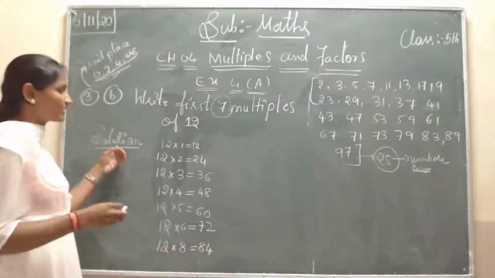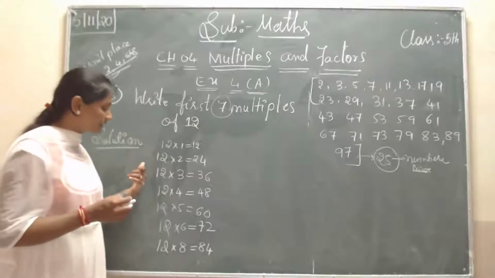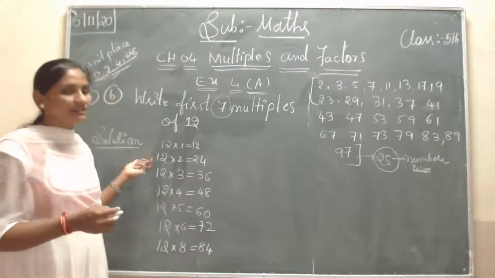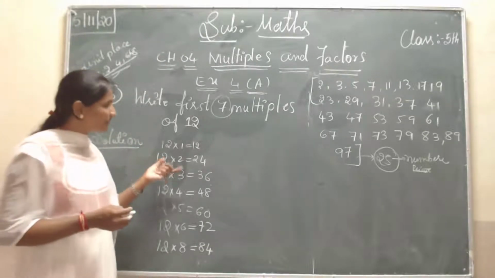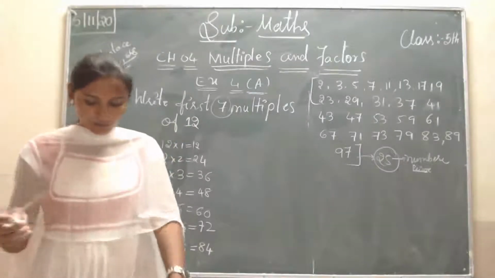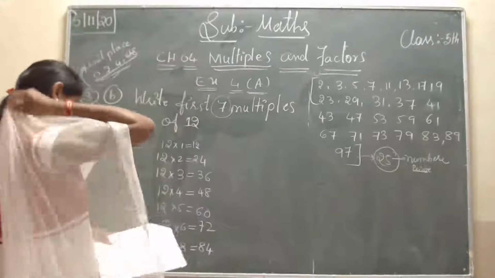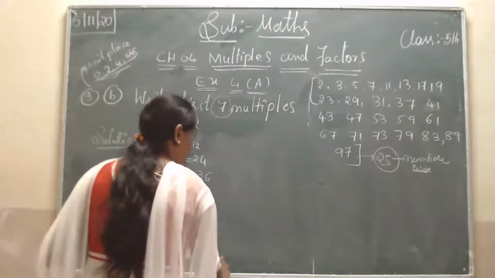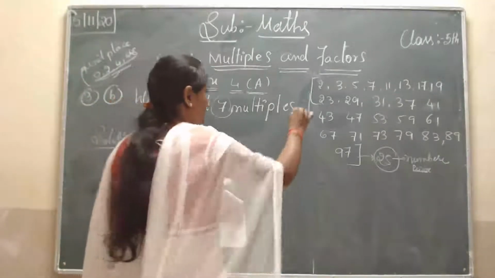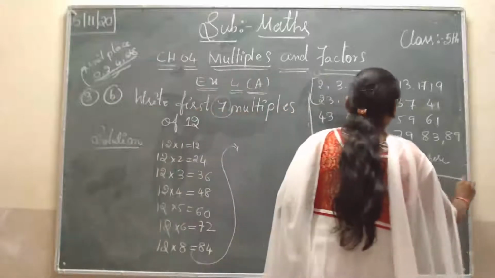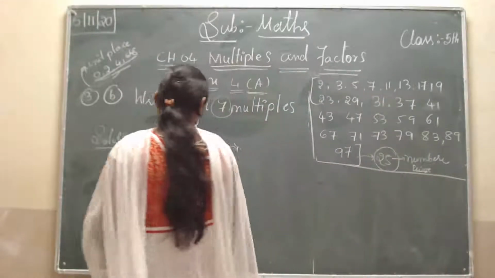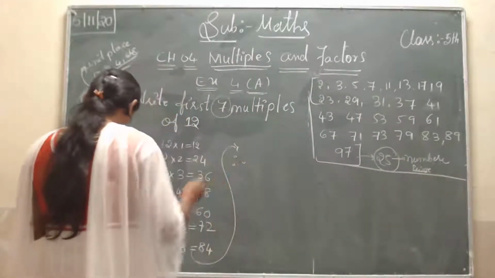Students, can you observe this? How many multiples? I have already written that: 7 multiples of 12.